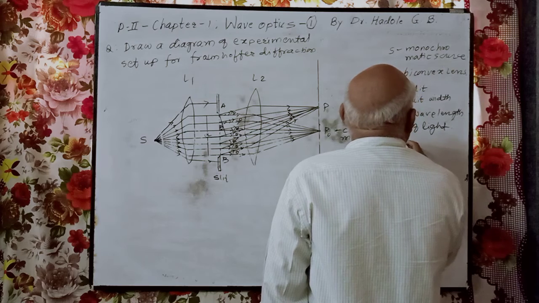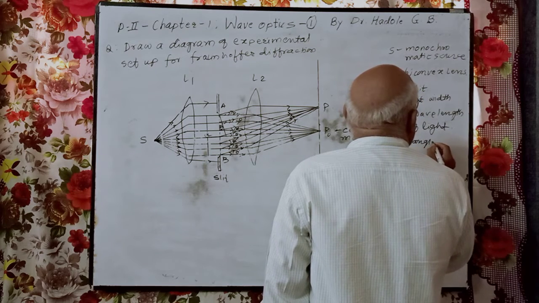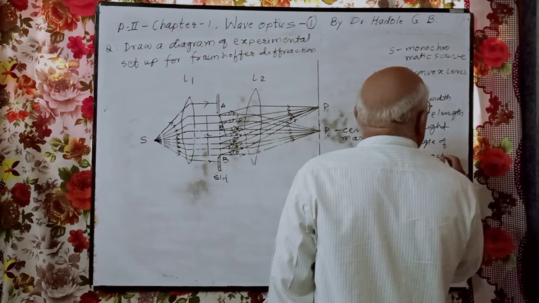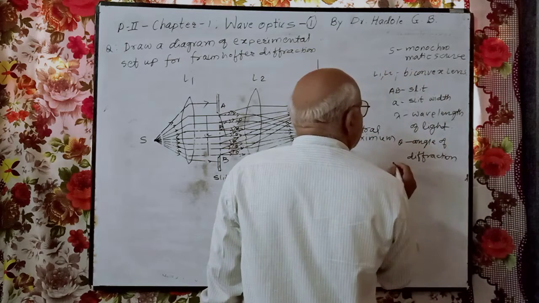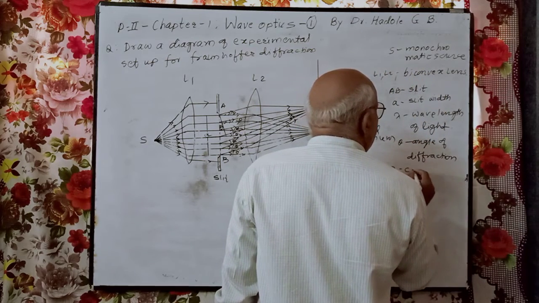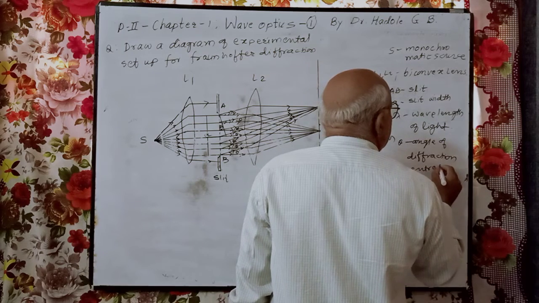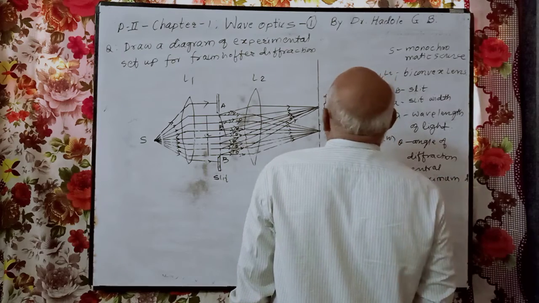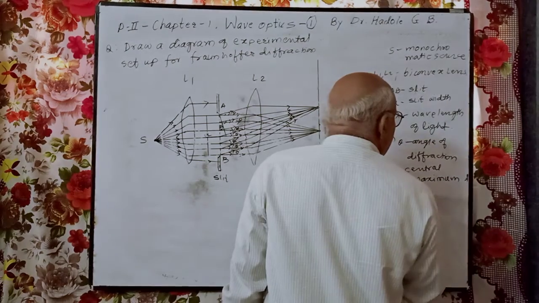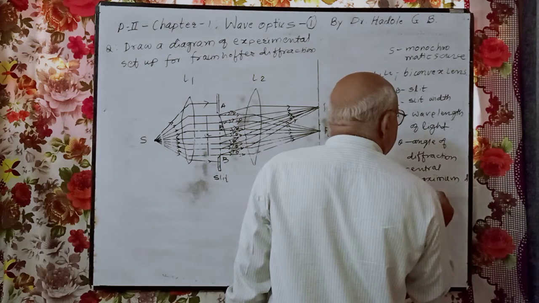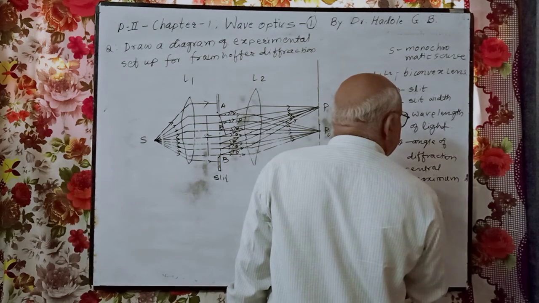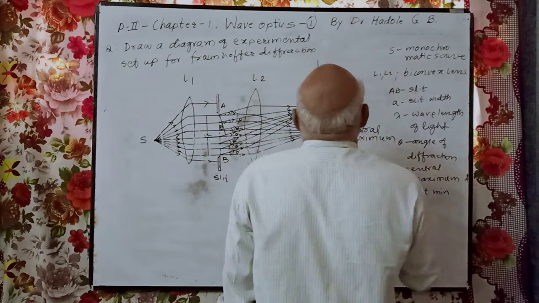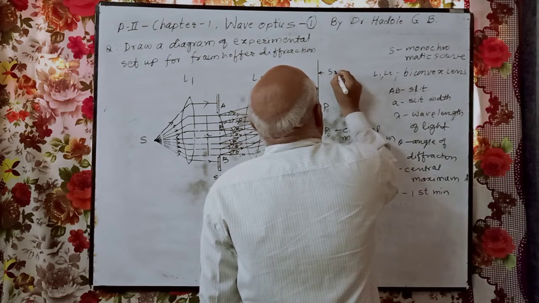Theta: angle of diffraction. P0: central maximum. Point P: first minimum. And this is the screen.